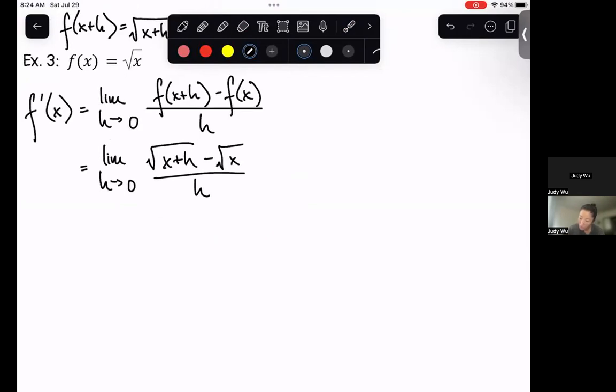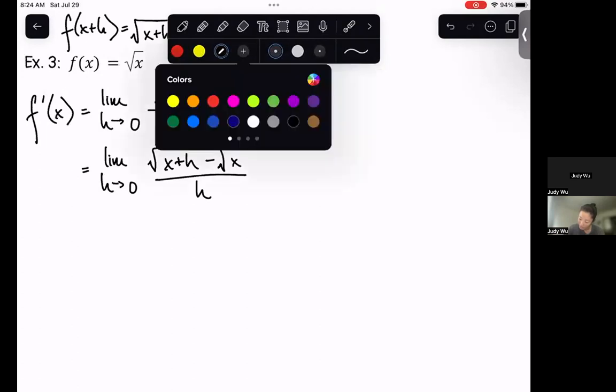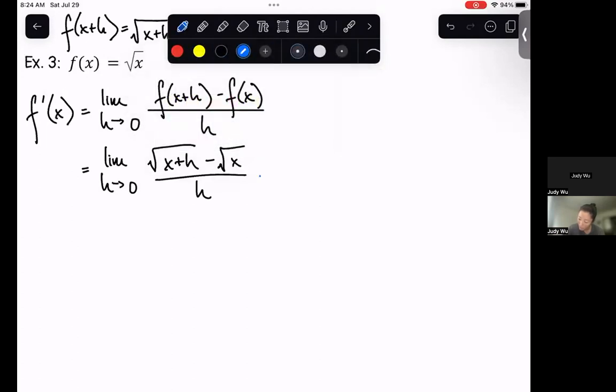All right, so our trick for things with a square root is as follows. We're going to multiply by a fancy one. Now, we've used this idea of a fancy one before, but we're going to multiply by a fancy one in a very specific way. It's going to look really similar to what we have in our numerator.